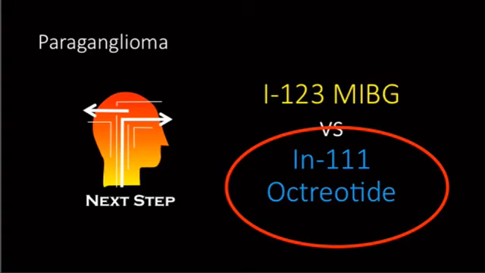So if they're making norepinephrine, then it works just fine, but if they're not, then it doesn't, but they still typically have those receptors. They can produce catecholamines, but they don't have to, and it's a better first step to go with the octreotide.